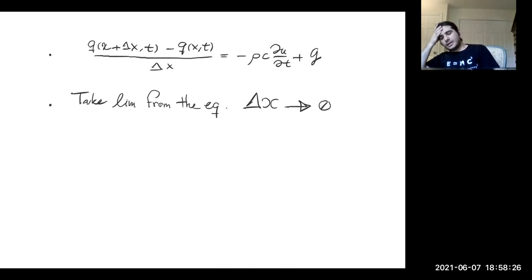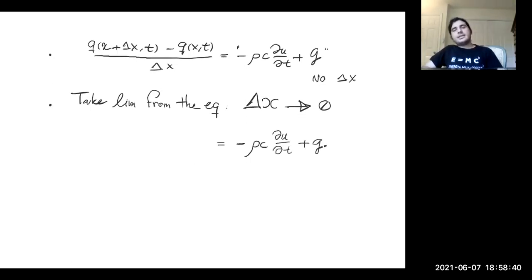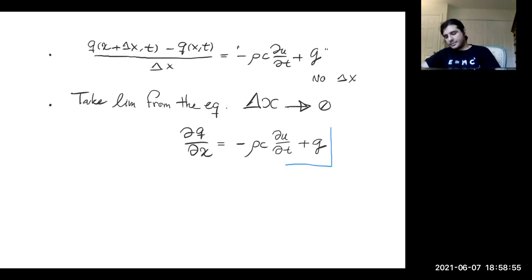There is no delta x on the right-hand side, so it does not change. The right-hand side is minus rho c, changes in u with respect to t, plus g. The left-hand side, well, that is the definition of the derivative with respect to x. So that's the derivative of q with respect to x. That's the equation which we would get.